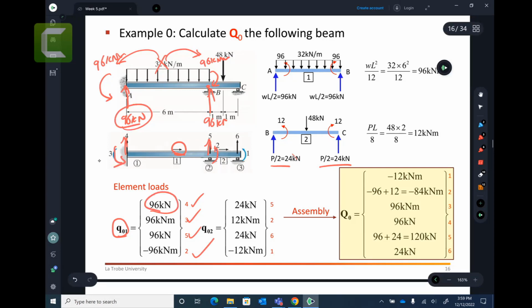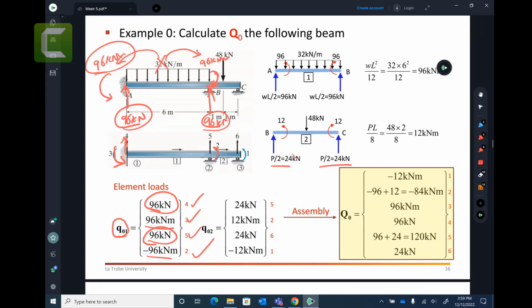What is 3? 3 is going this way, 96 kilonewton meters. 5 is going up, so you have 96 kilonewtons, and number 2 is going this way, which is opposite. So therefore we put negative signs.